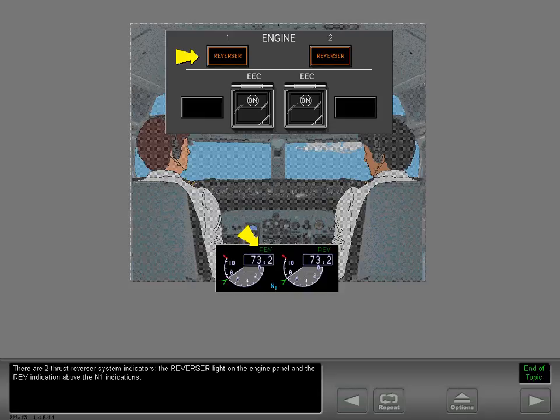There are 2 thrust reverser system indicators: the reverser light on the engine panel and the reverser indication above the N1 indications.